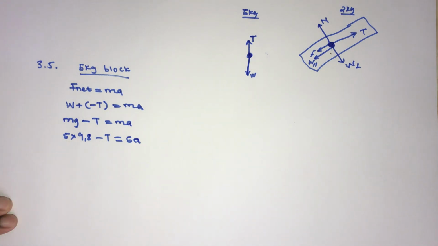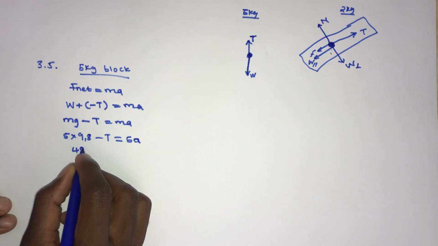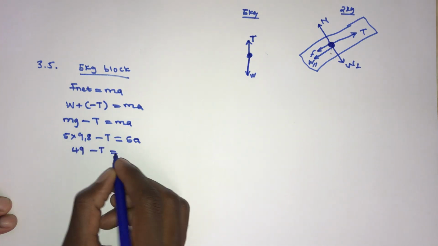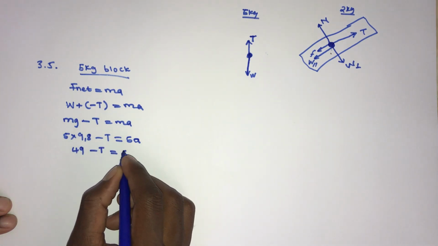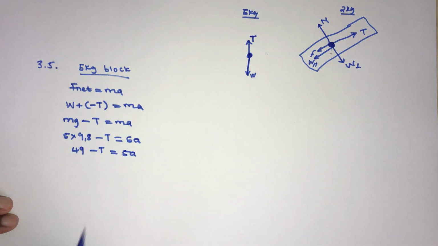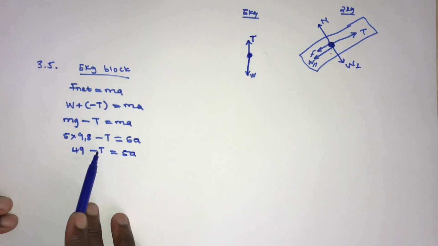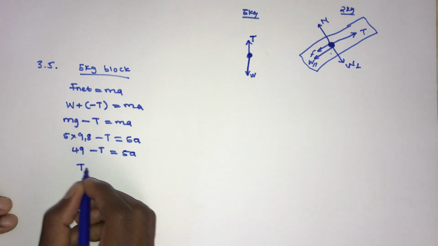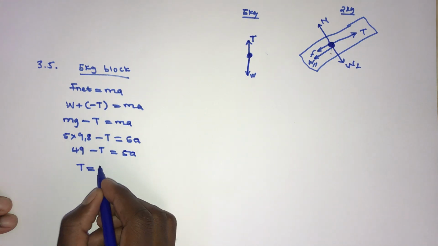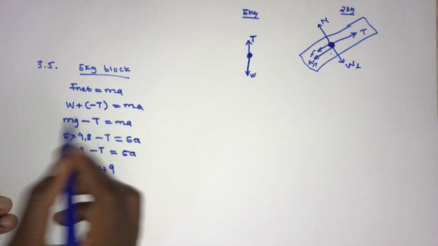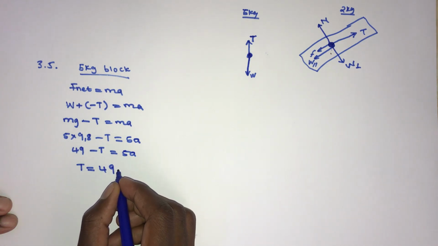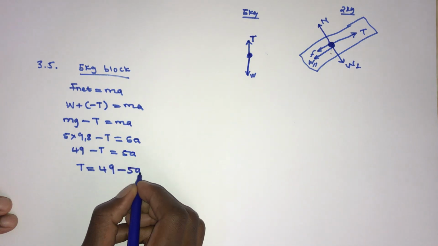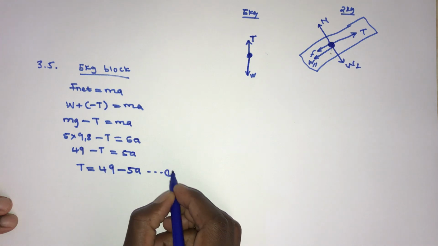So 5 times 9.8, that is 49, minus T is equals to 5a. So we take tension to the other side, it becomes T is equals to 49. We take 5a to the other side, it becomes minus 5a. So let's call this one equation 1.